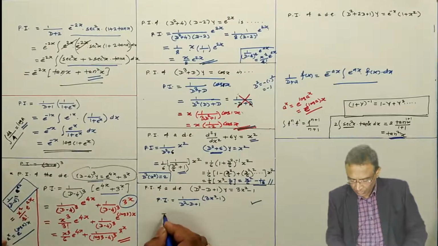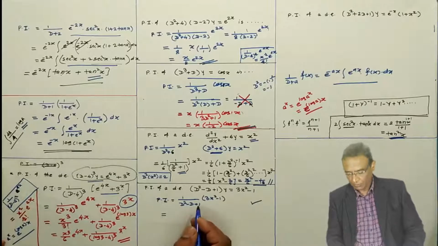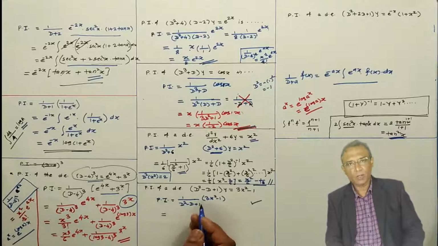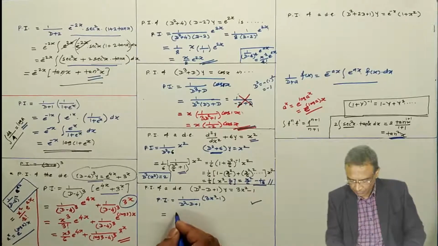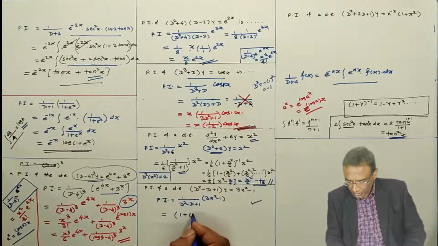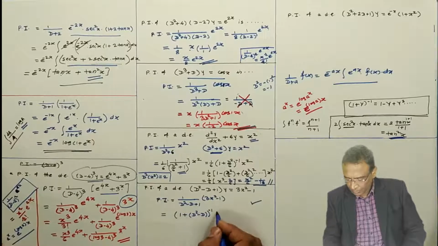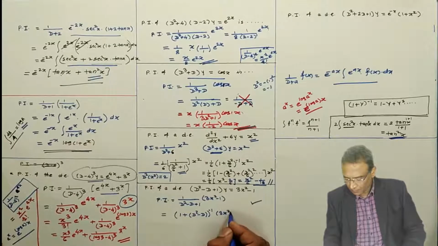What I am going to do, lowest degree term means 1 is common. Whenever 1 is there, we don't take one common, because taking one common and not taking one common is the same thing. So this I am going to write in the numerator in this way, 3x square minus 1.